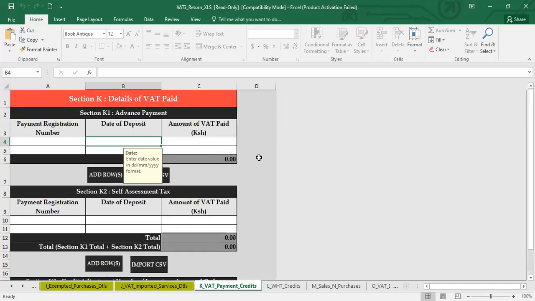Self-assessment tax. What is this section K2? What is this self-assessment tax? Self-assessment tax is you just do an assessment of yourself. It's more the same as advance payment, but here you say, last month I paid VAT of 15,000.